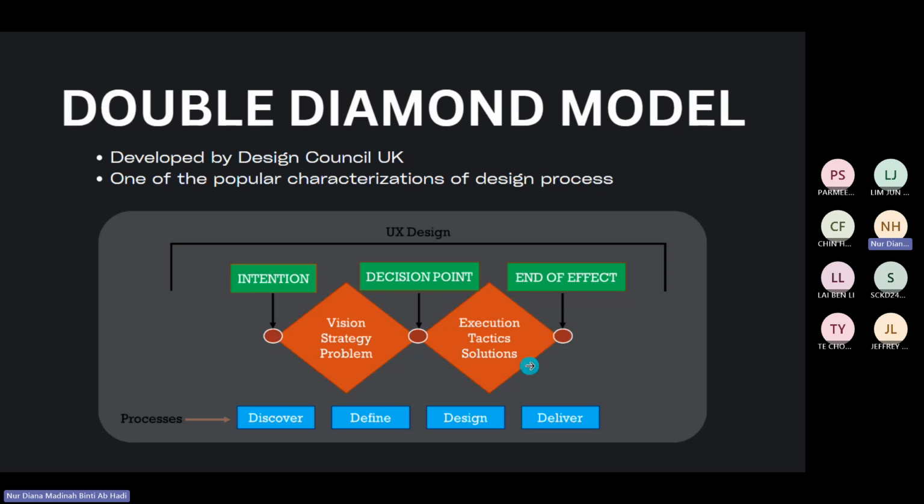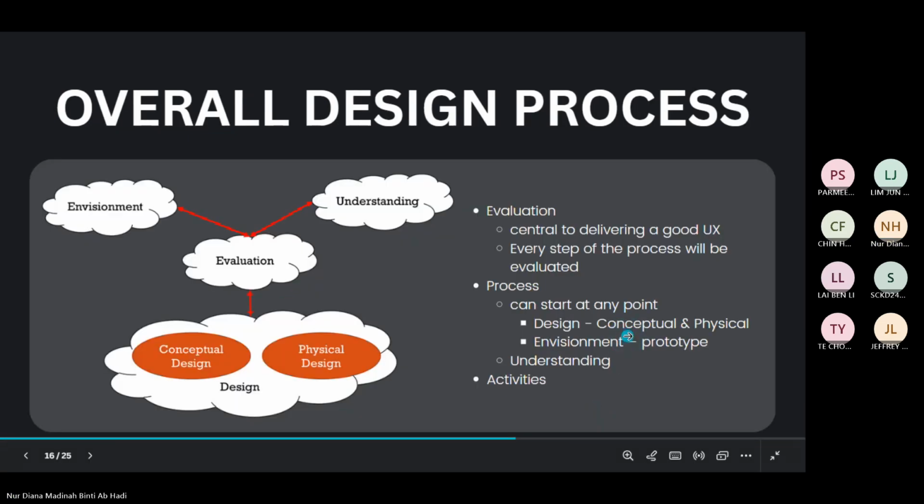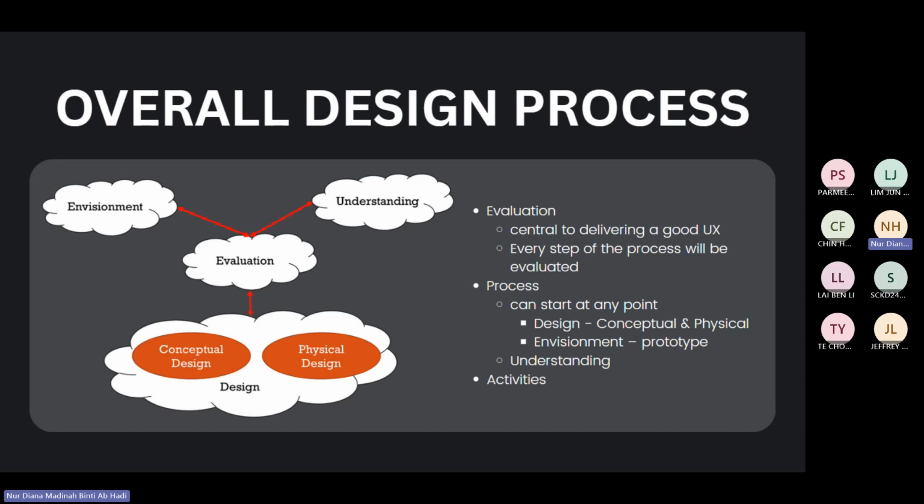What would be the solution? Once you have all of this, only then can you deliver it. Next, this is the overall design process. Just now we already had our double diamond, right? This one is to characterize the design process.